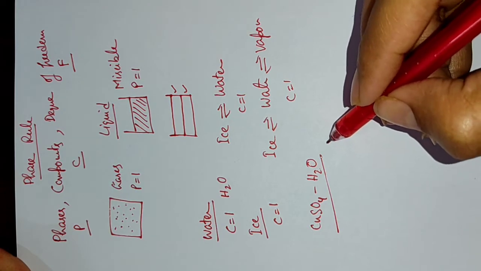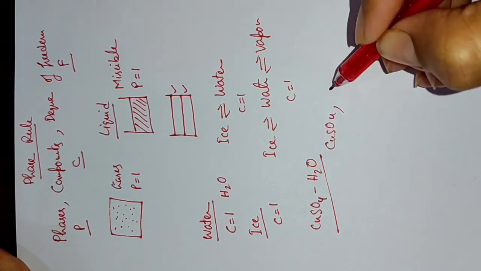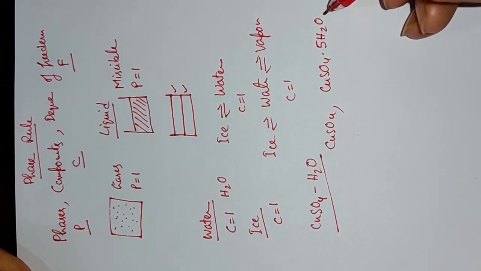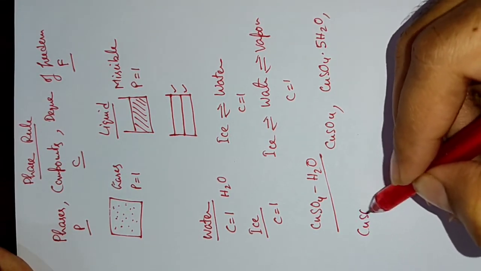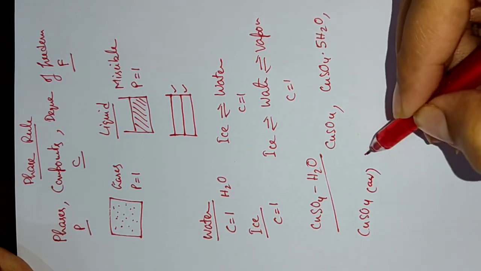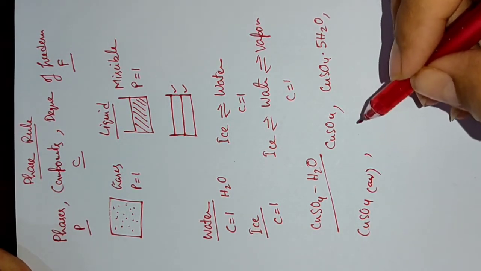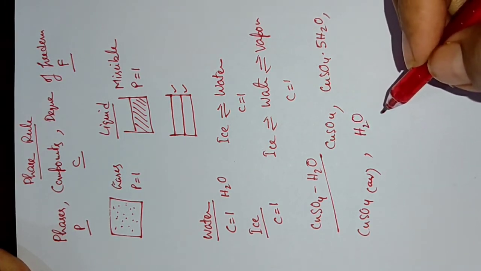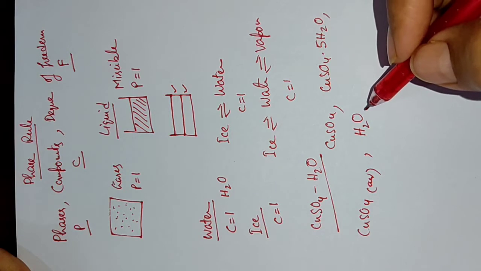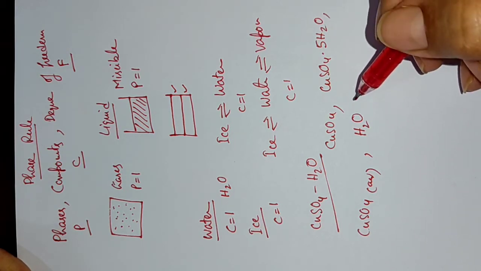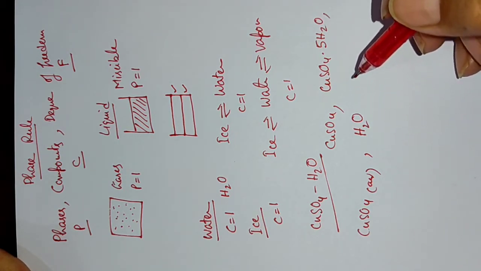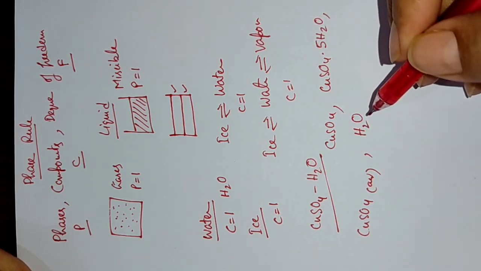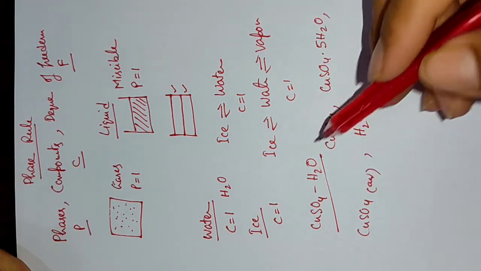They are solid CuSO4, CuSO4.5H2O, aqueous CuSO4, and we have water in 3 possible states. It may be liquid, that is water, solid, that is ice, or gaseous, that is vapor. So these are the possible phases for this copper sulfate water system.